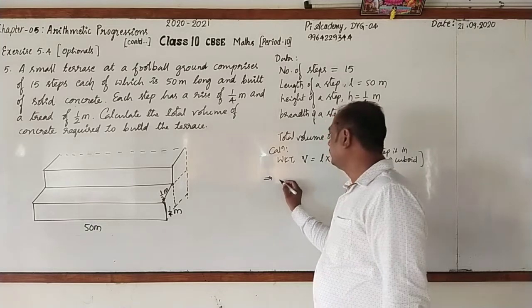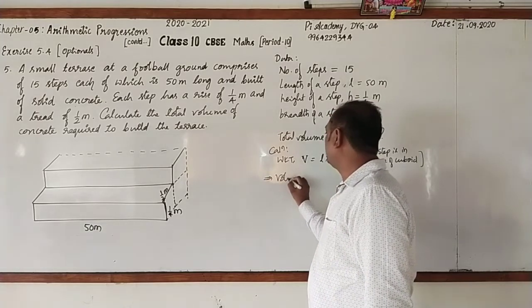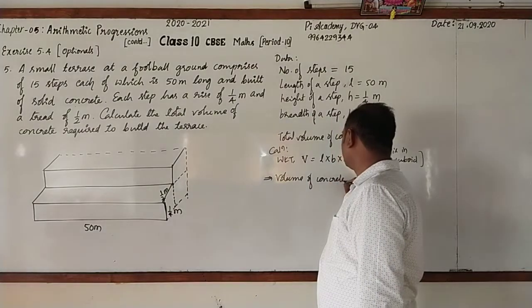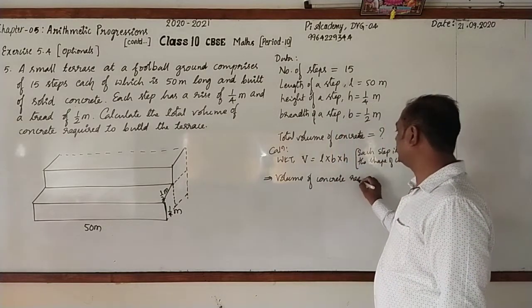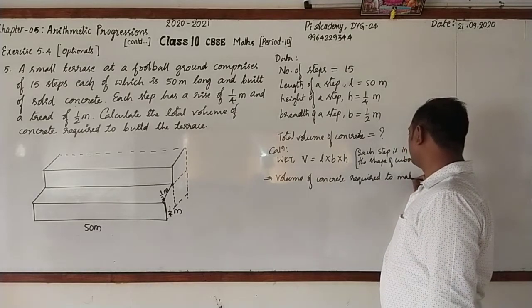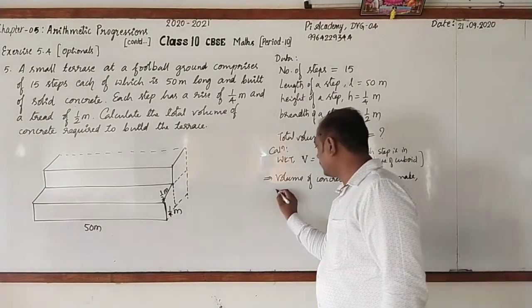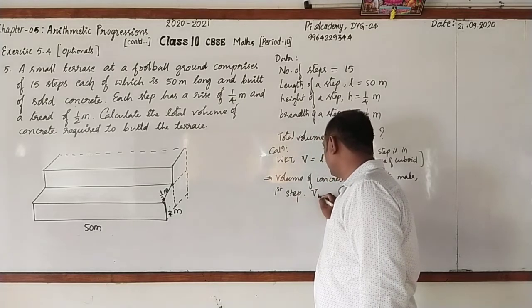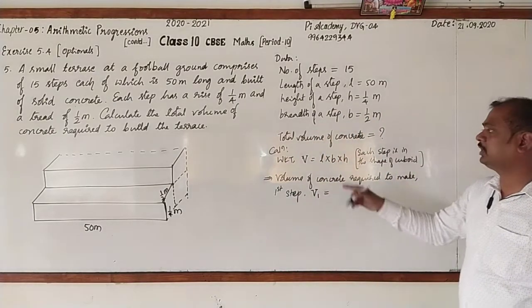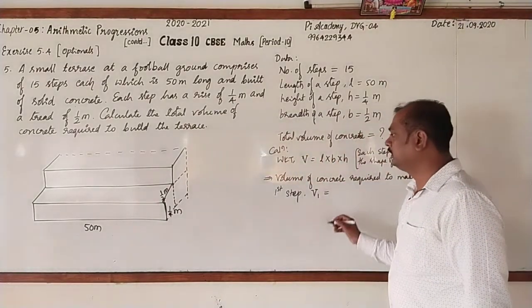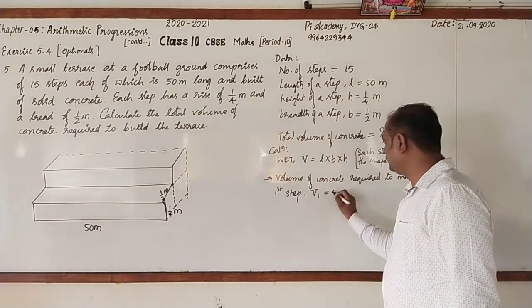Clear? Here I'll write volume of concrete required to make first step. You may call it as V1. It's equal to L1 into B1 into H1. Length is, for first step, 50 meter.